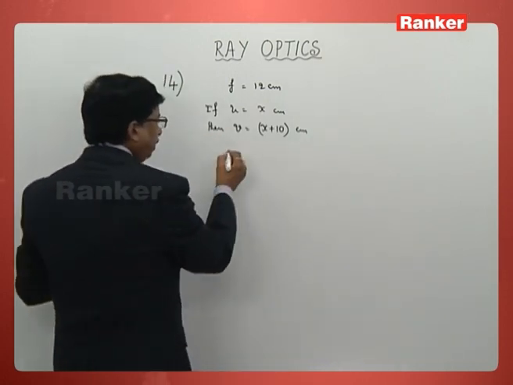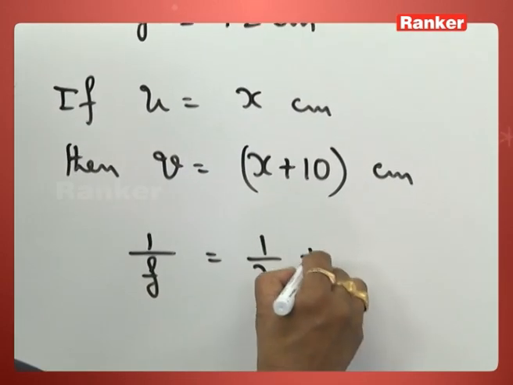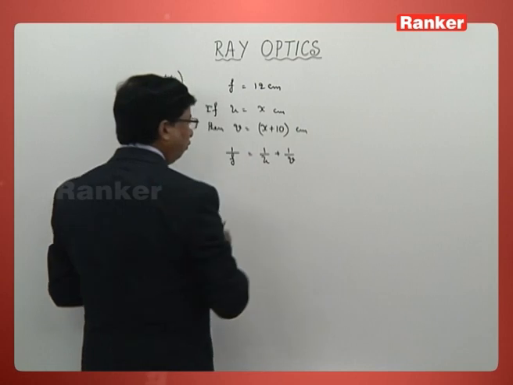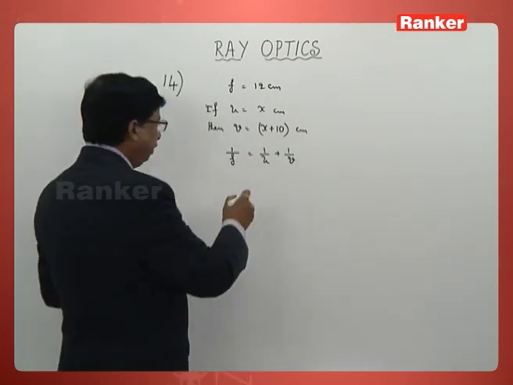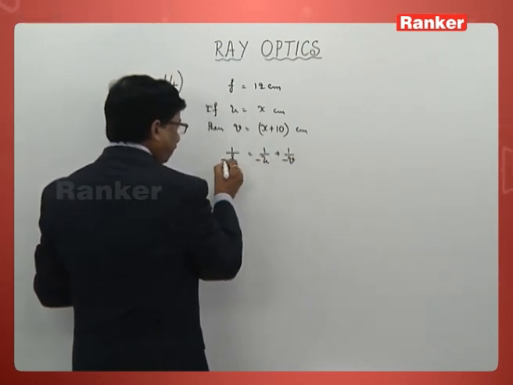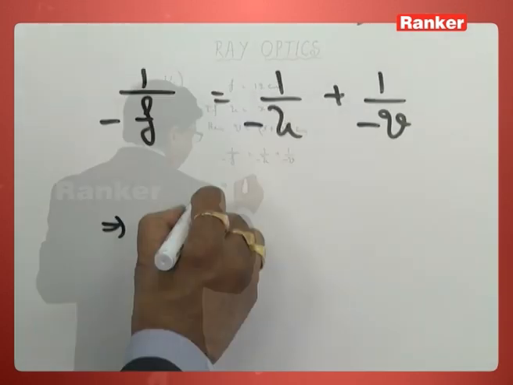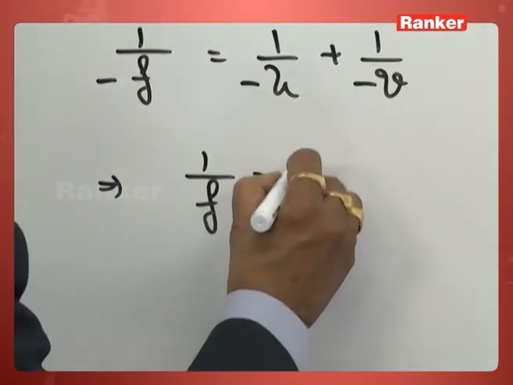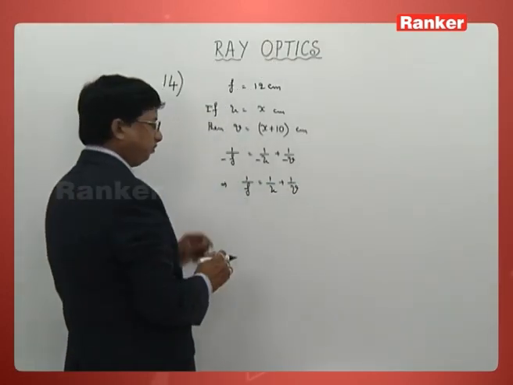Then what is the mirror formula we have? 1 by f is equal to 1 by u plus 1 by v. But for a concave mirror, u is negative, v is negative, f also is negative. Then this becomes 1 by u plus 1 by v is equal to 1 by f.